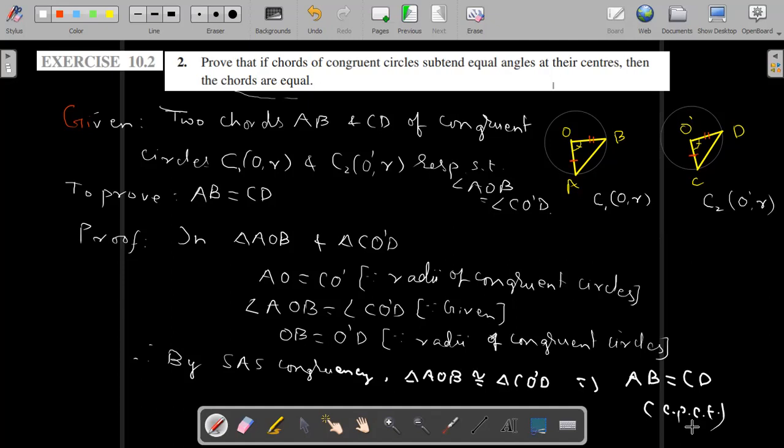So we have finished this exercise. 1 minute time.